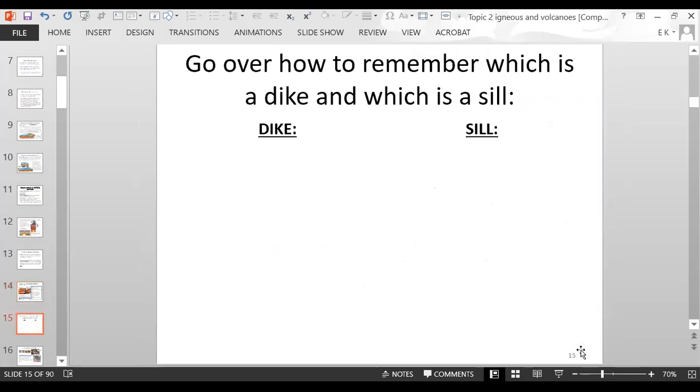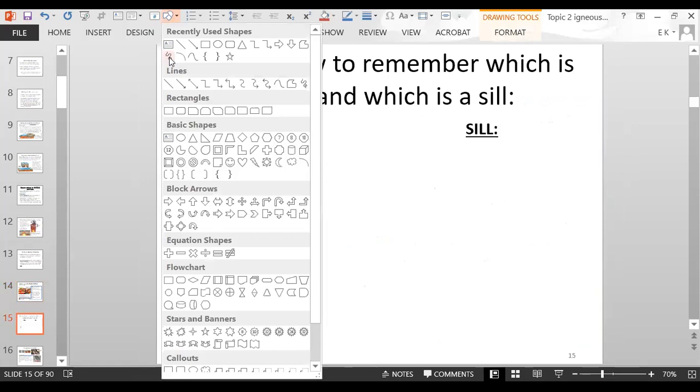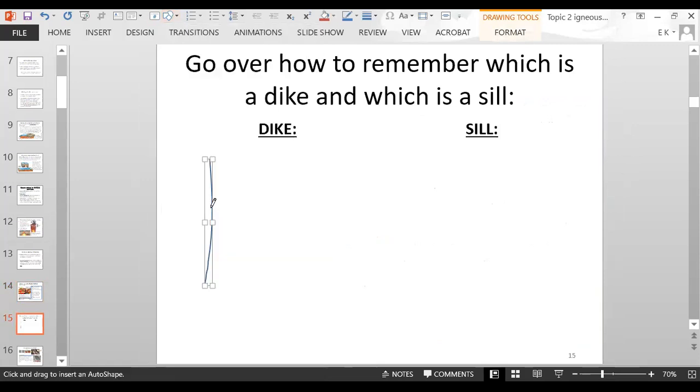Okay, so then I just have a little trick for how to remember which is a dike and which is a sill. The word dike has the letter K in it. And when you look at the letter K, it has angles.